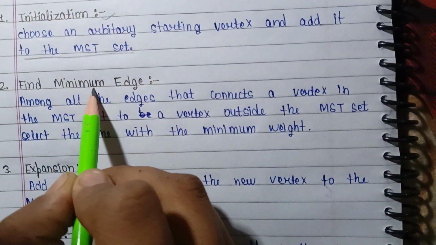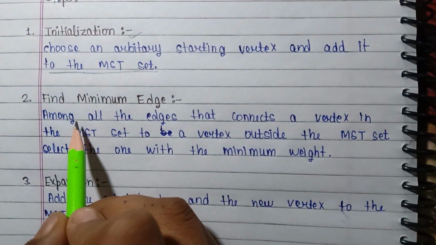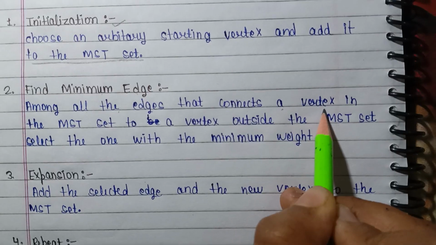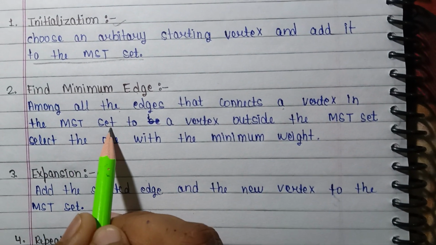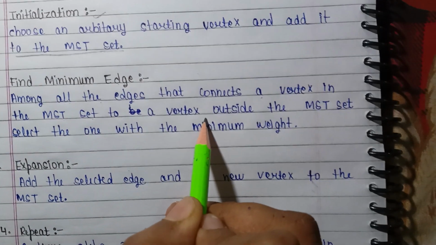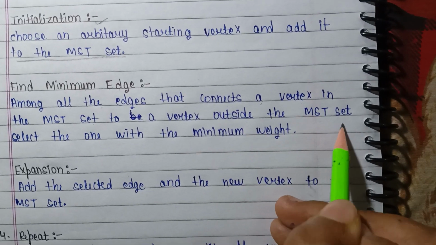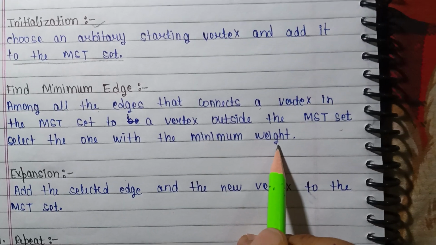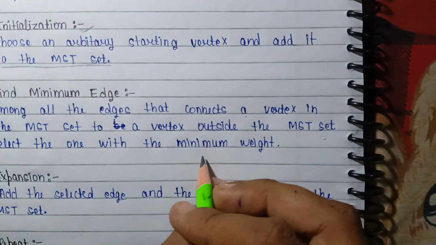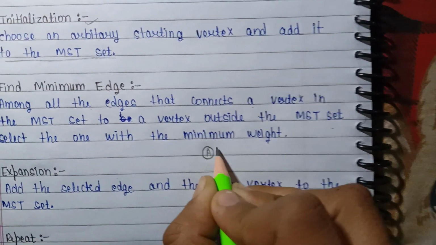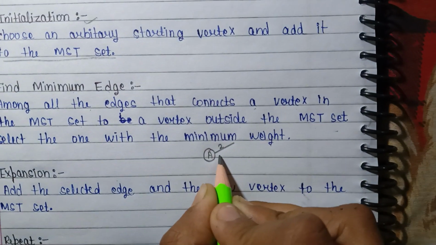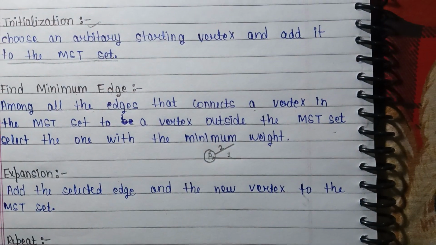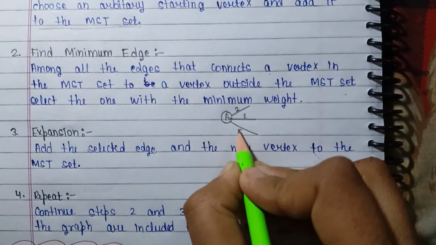Find the minimum edge. Among all the edges that connect a vertex in the MST set to a vertex outside the MST set, select the one with the minimum weight. Suppose we have a vertex A connected to 3 and 5.